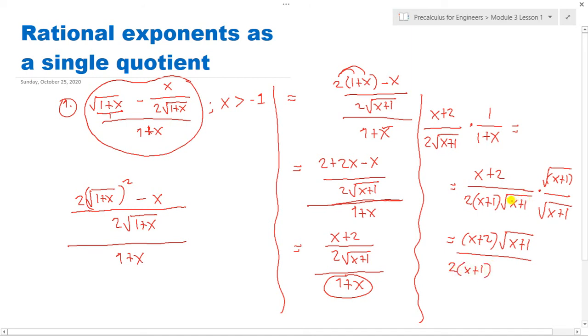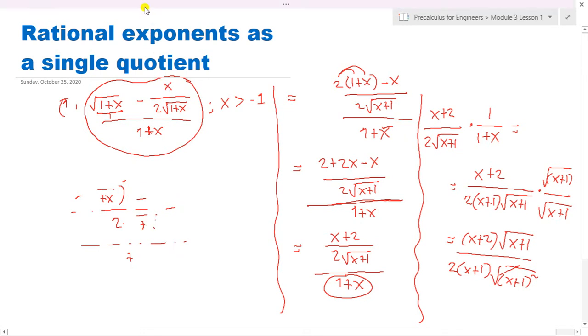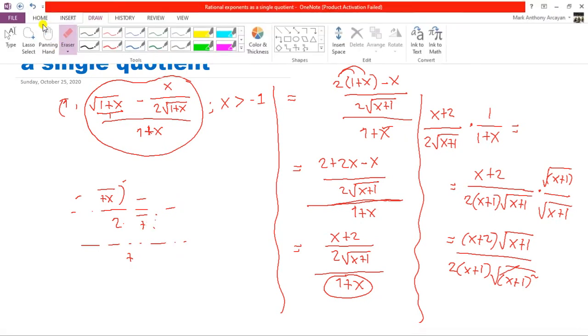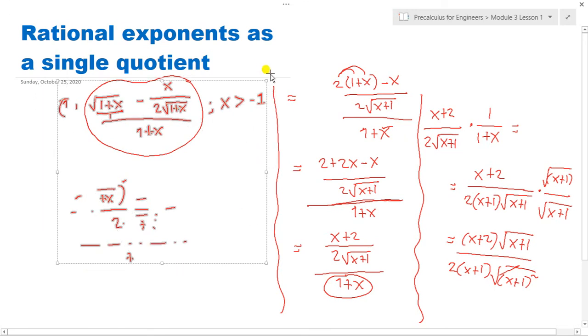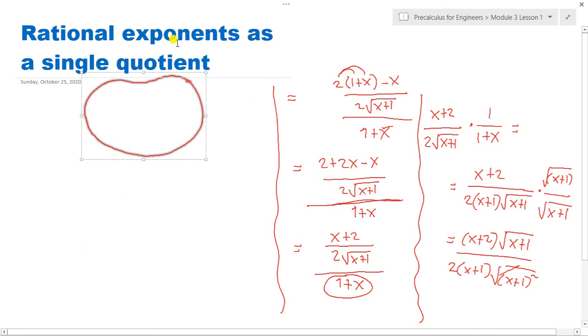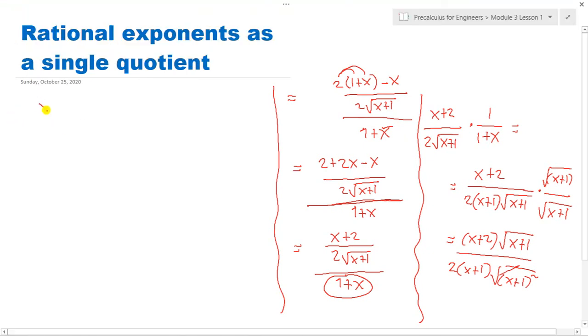So since square root of x plus 1 times square root of x plus 1 magiging square root of x plus 1 squared, same na sila, maka-cancel out na ito. Therefore magiging x plus 1 na lang. So what's left? So i-erase muna natin dito. Sorry, magamitin natin itong isa para mabilis yung pag-erase. So if we're going to simplify this further, we have here x plus 2.